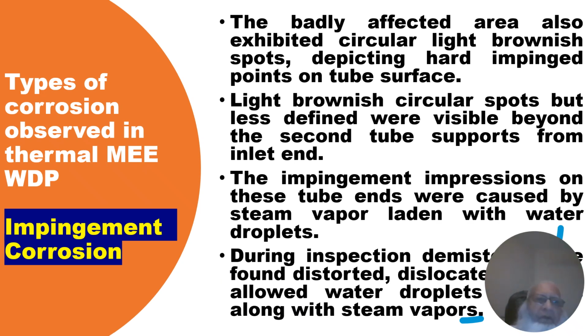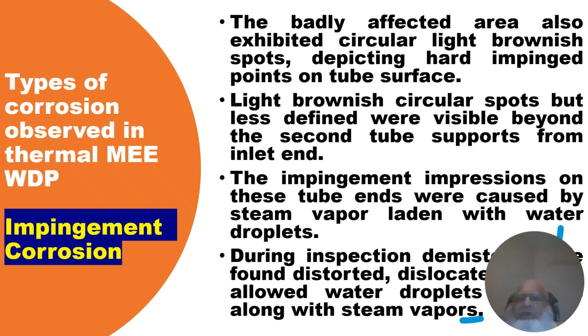This slide shows observations made as a part of impingement corrosion in thermal MEE WDP. The badly affected area also exhibited circular light brownish spots depicting hard impingement points on tube surface.